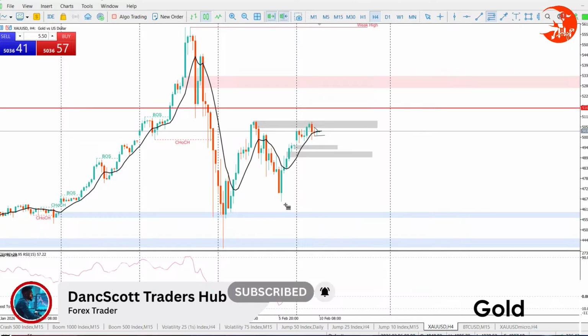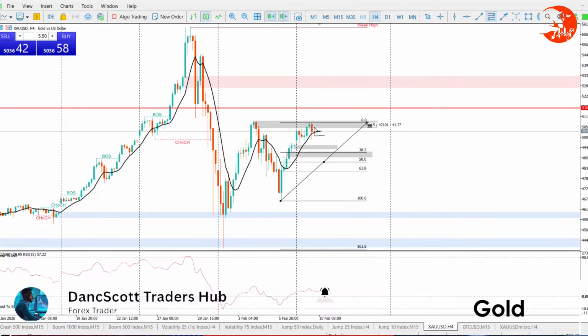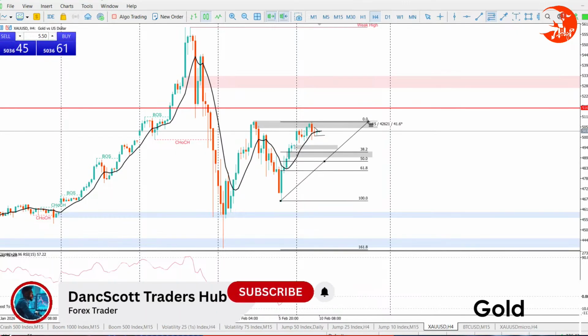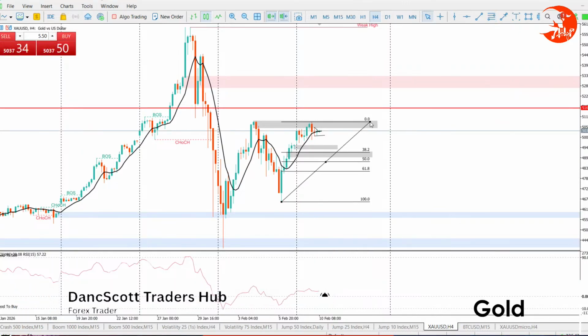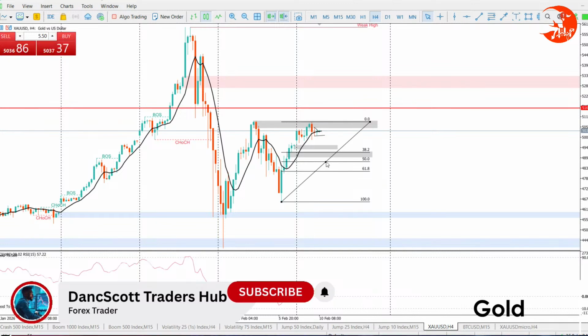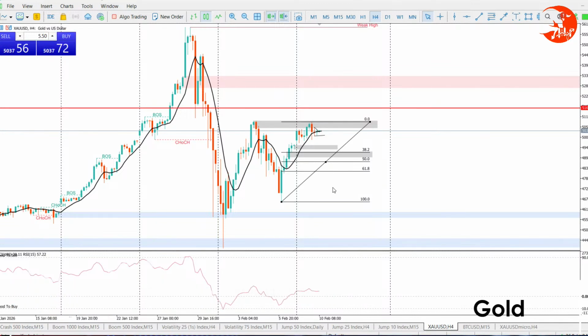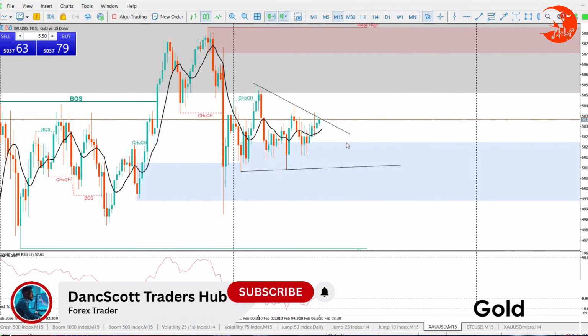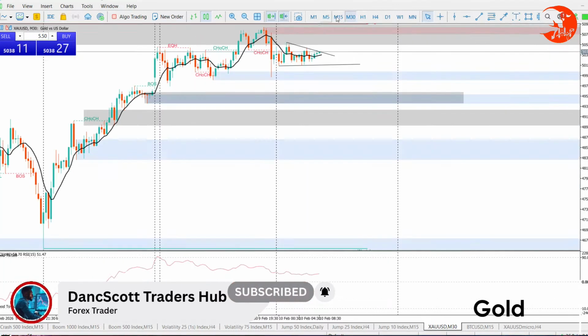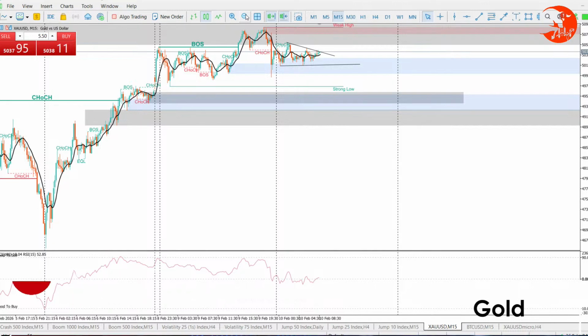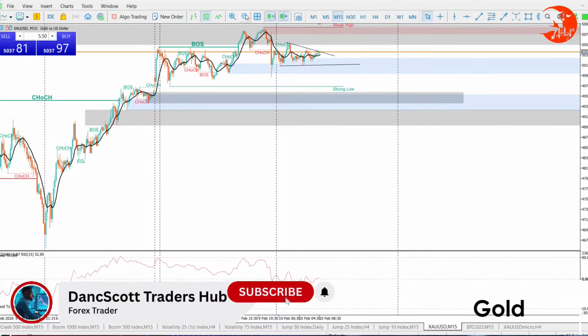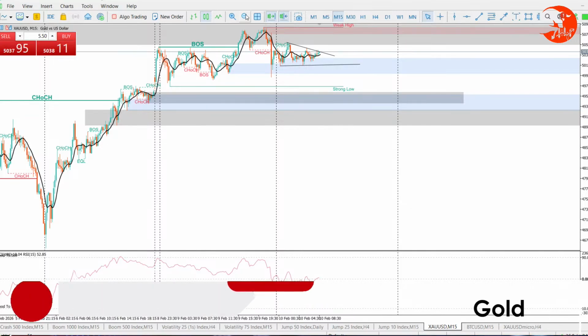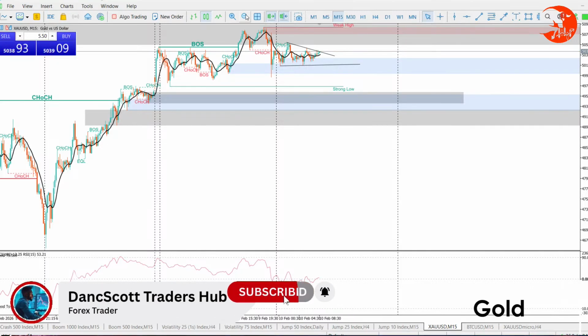Let me see if it is matching with any of the fib. Not really. It's not even matching with any pullback. So let's go to M15. Let's see, do we have any liquidity on M15 left behind?